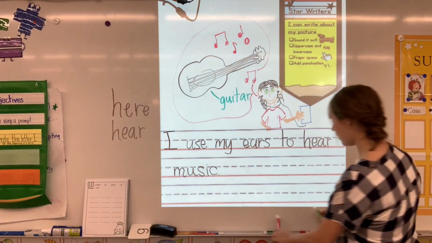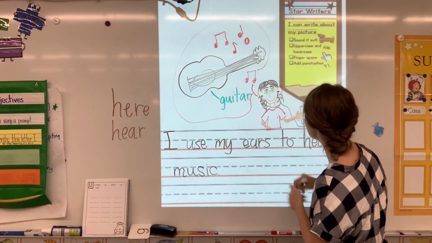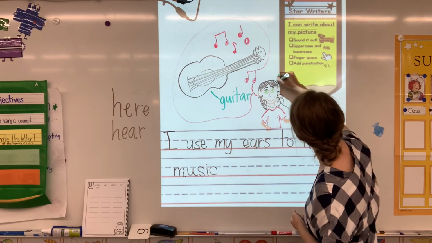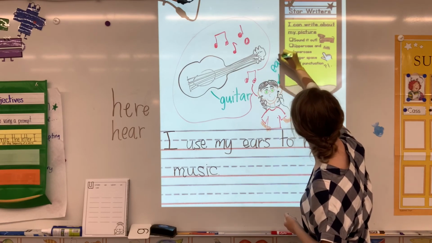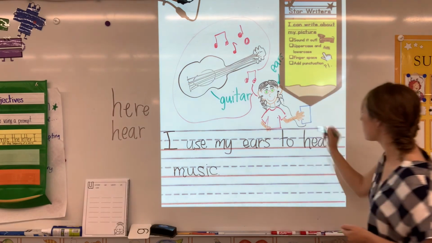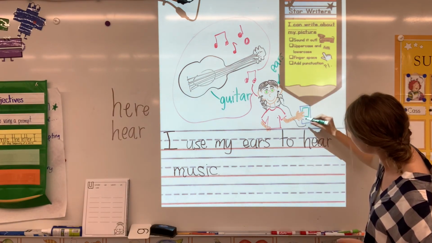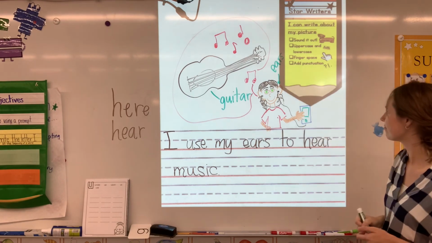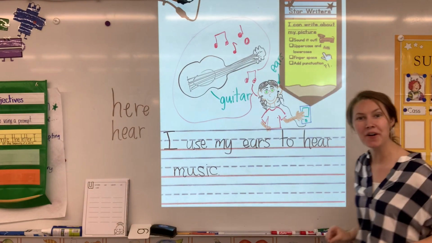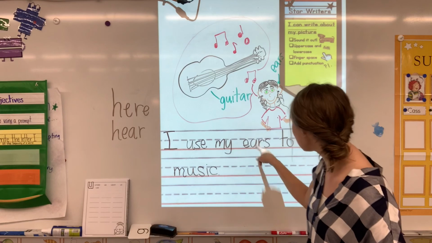And I'm going to label also my ears. Ears. Here's my phone playing some music. And there we go. I use my ears to hear music.